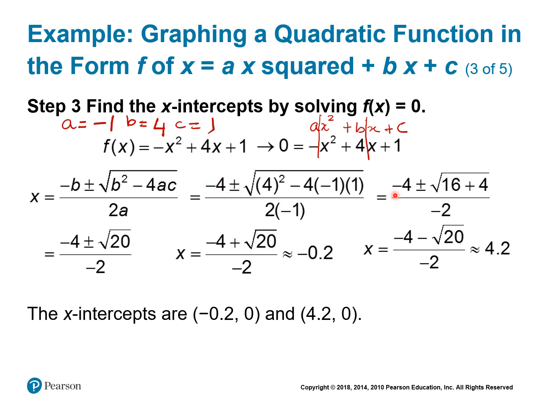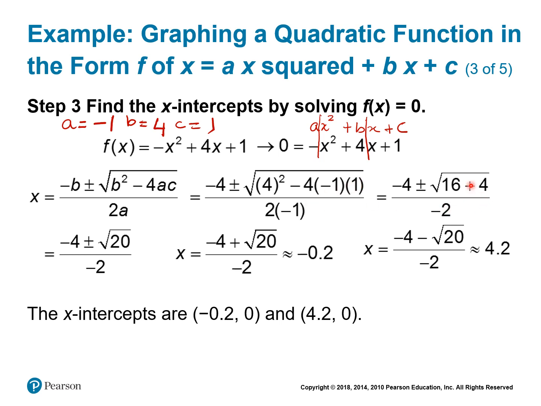So we have -4, then plus minus. First we will combine what is inside the radical sign. 4 squared is 16. Then -4 times -1 is +4, times +1 is +4.